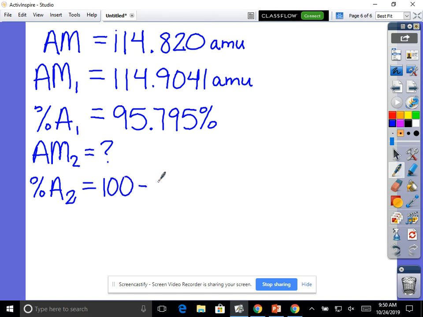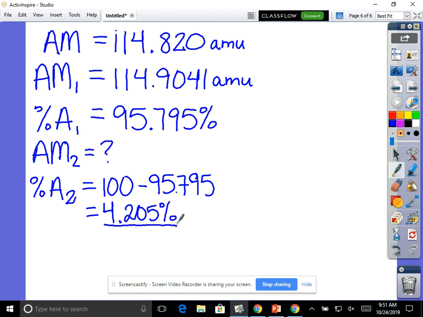So if I say 100 minus 95.795, that's going to give me 4.205%. So even though it looks like they left me 2 unknowns, I could deduce this one knowing that all of my percents add up to 100.